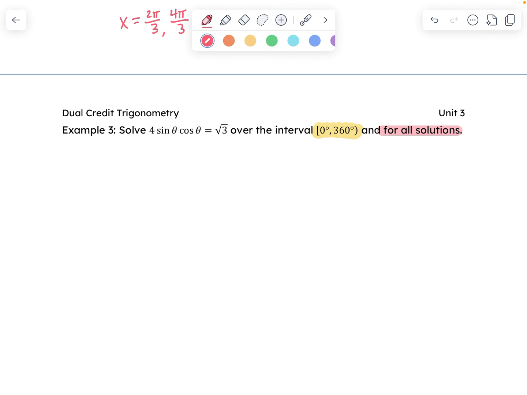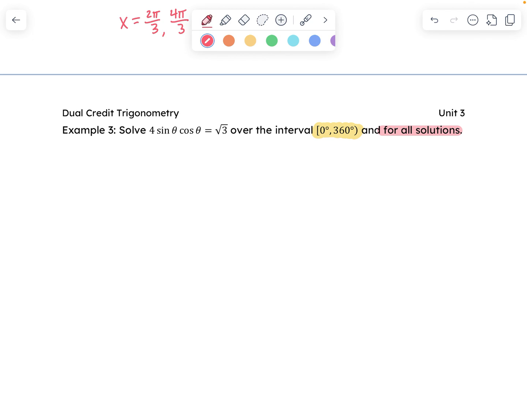I do have sine times cosine, but if I use a product of sum identity, then that's going to get me a cosine of a plus b plus cosine a minus b, or sine of a minus b sine a plus b, something like that. And then I'm splitting theta into 2 different things, so that's also not going to be super helpful.